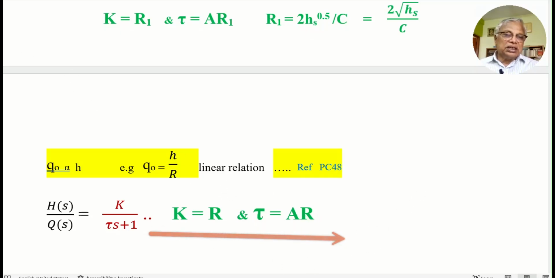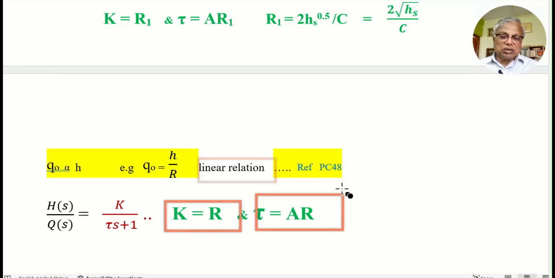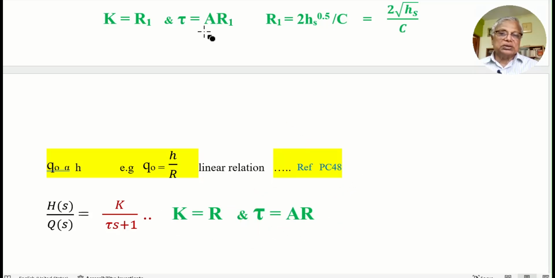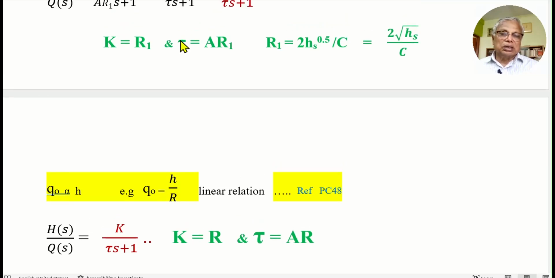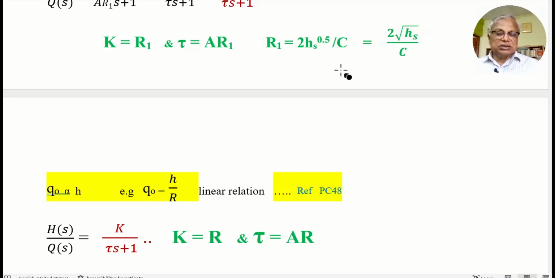In this case, in linear relation, K is a constant and tau is also a constant for a given tank. Both are constants for a given tank here. But in this case, are they constants? They depend on Hs. For a given Hs, they are constants.